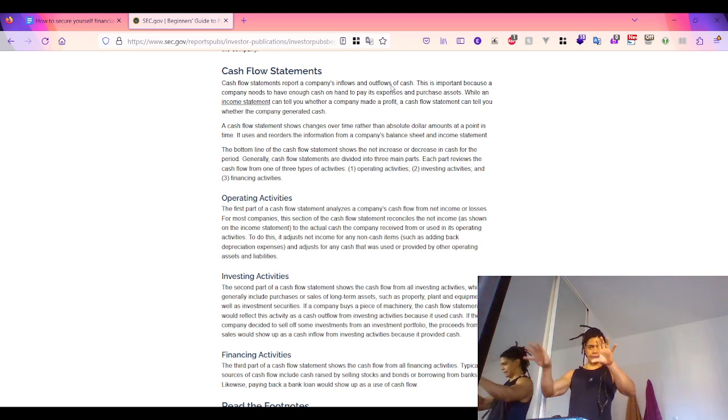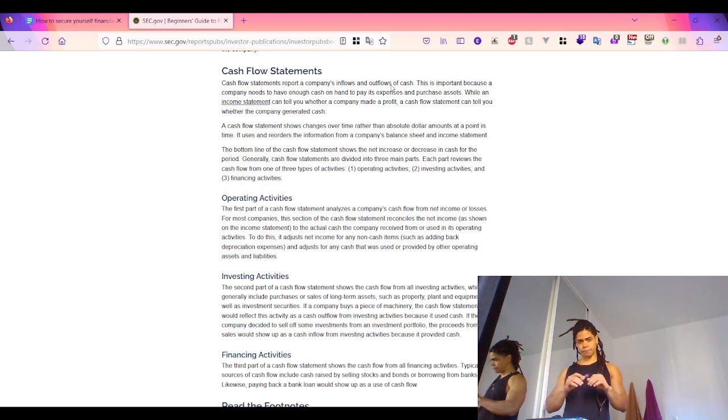So with that, this is the most common operating activities in a business. The first part of the cash flow statement analyzes that.